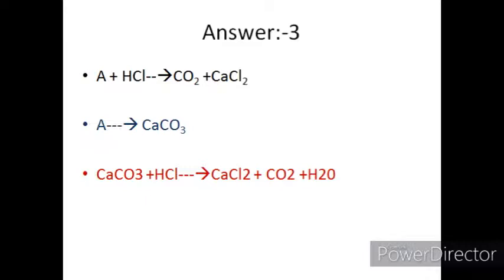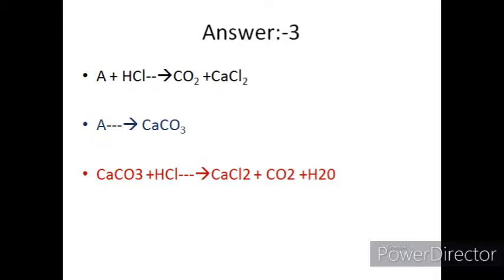So according to the question, what is given to us? A metallic compound. We don't know which metallic compound it is. Let it be A. It reacts with hydrochloric acid to produce carbon dioxide and calcium chloride. Now let's complete this equation. As you see, the products liberate one gas, and that gas is carbon dioxide.